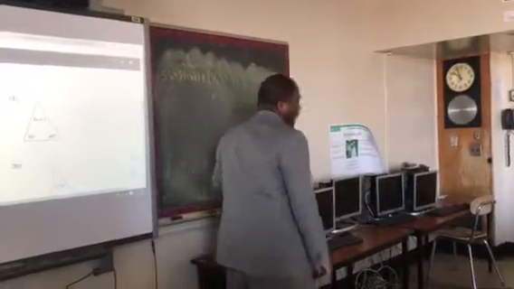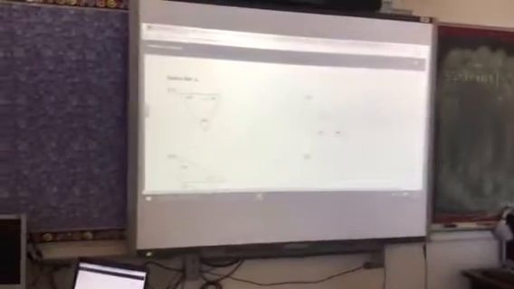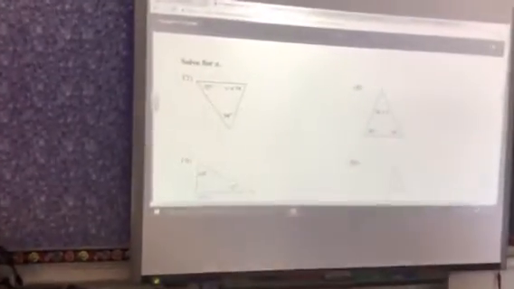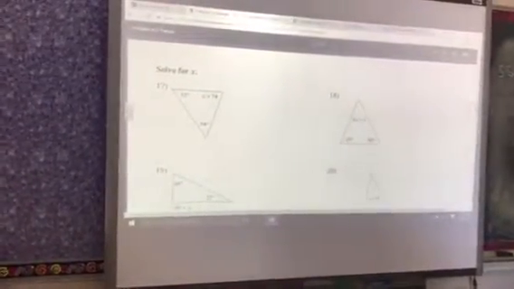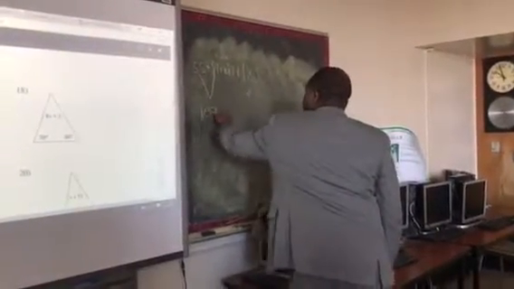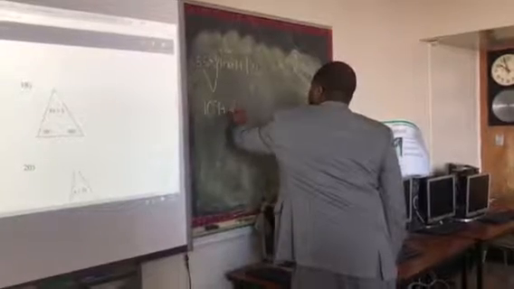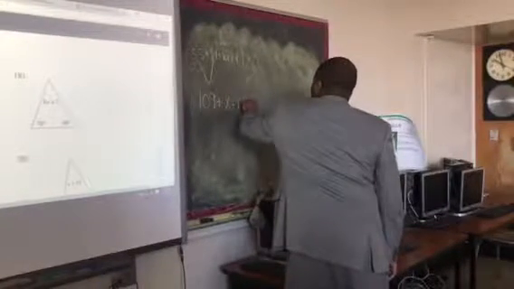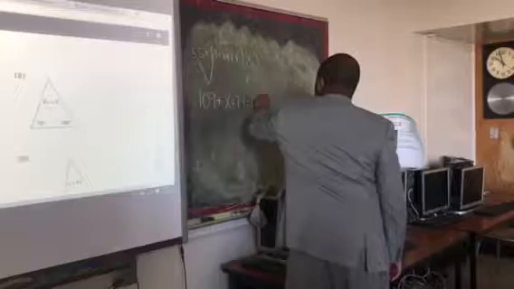Now, Omari, you said 55 plus 54 is what? 109. So we're going to take these two, make this 109 plus x plus 74 equals 180.